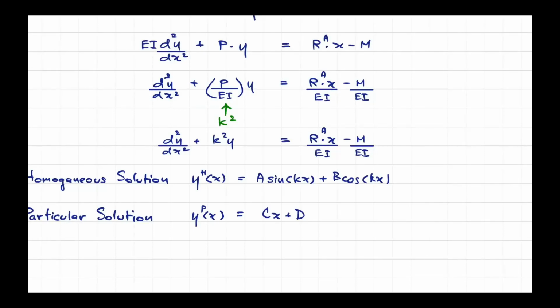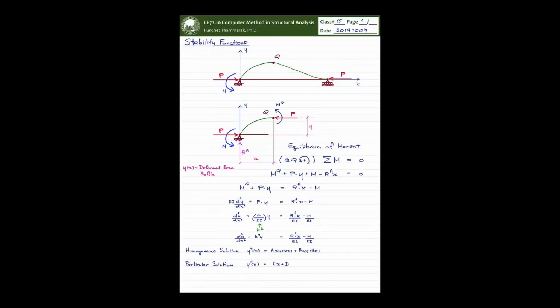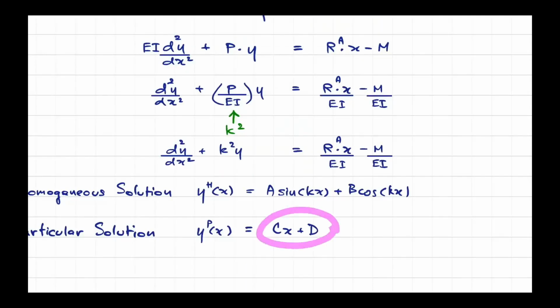So we need to find, well, we have A, we have B, we have C and D, but we will find C and D first. In order to find C and D, let me just drop the Cx plus D into here. You drop it there, you differentiate twice. What do you get? Nothing, right?